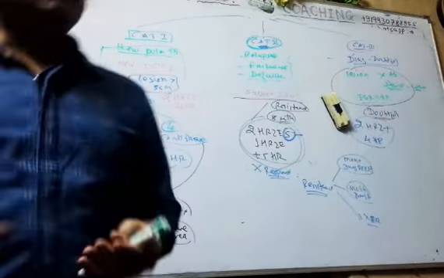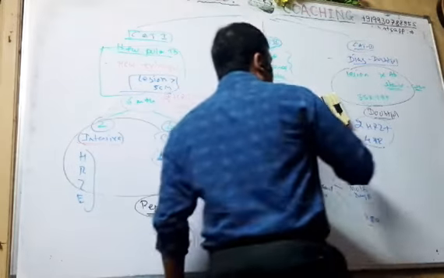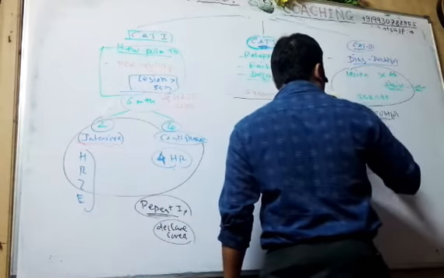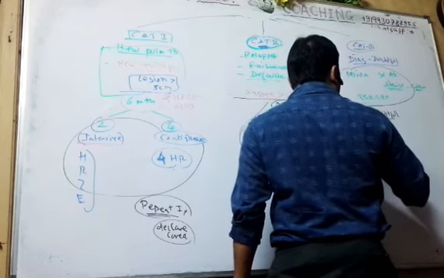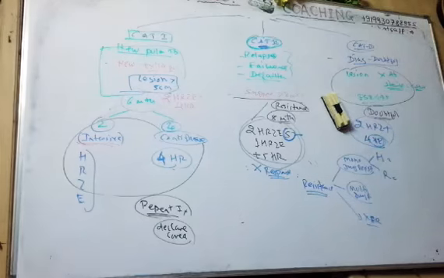Mono drug, multi drug, and all drugs or XDR. Mono drug means either most common drugs or important drugs are H and R, either H resistance or R resistance. That means INH stands for isoniazid. H चा resistance किंवा R म्हणजे कुठला? Rifampicin. Either it is INH resistance or rifampicin resistance.